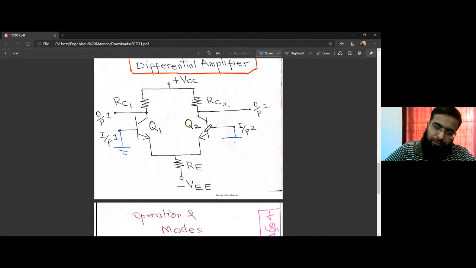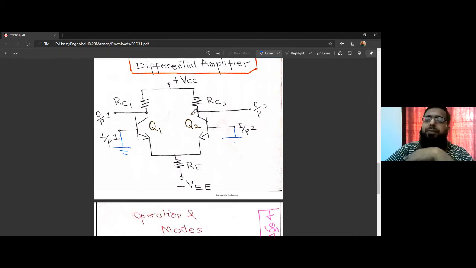So there will be a base-emitter voltage drop approximately equal to 0.7 volts, and there will be equal IEs and ICs flowing. If RC1 and RC2 are matched, and the transistors are also matched, since the collector currents for both transistors are equal, we'll have equal voltage drops. The voltage drop across RC1 would be the same as across RC2. So the voltage at output 1 would be exactly the same as output 2.